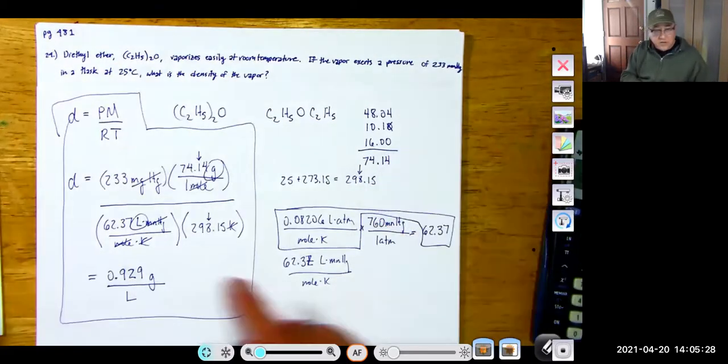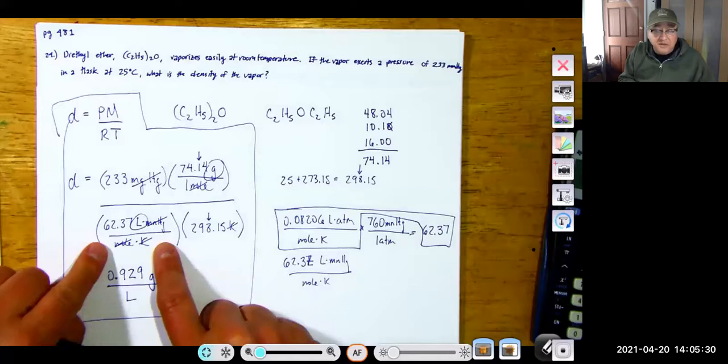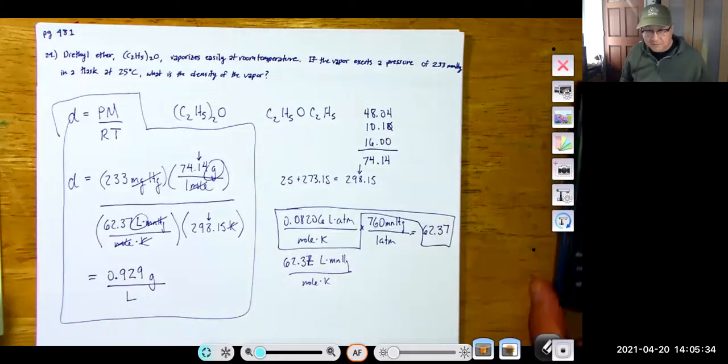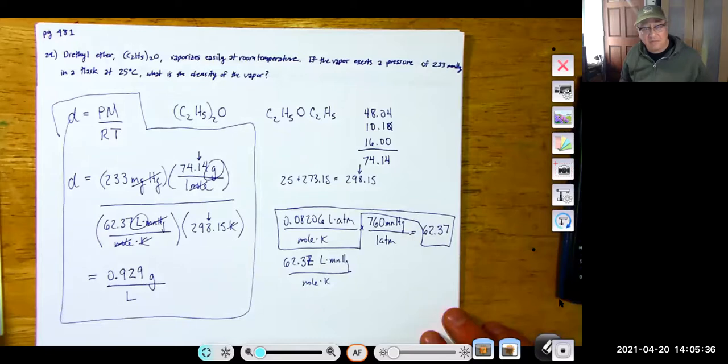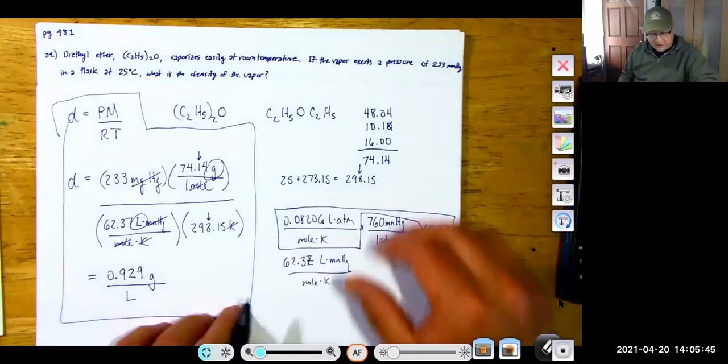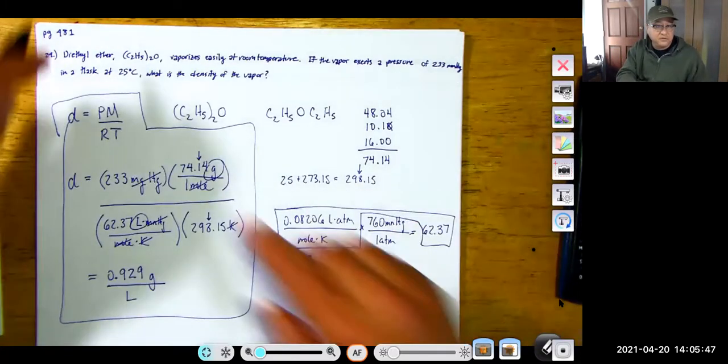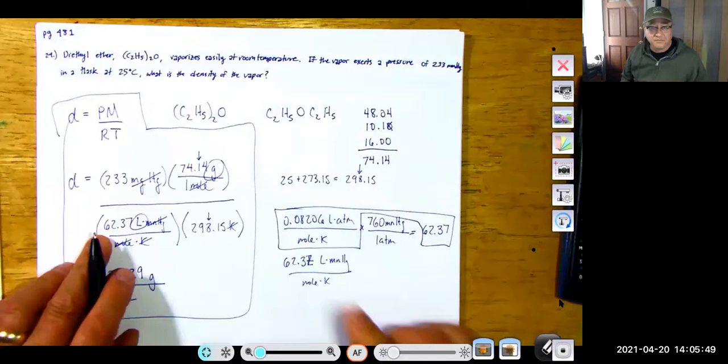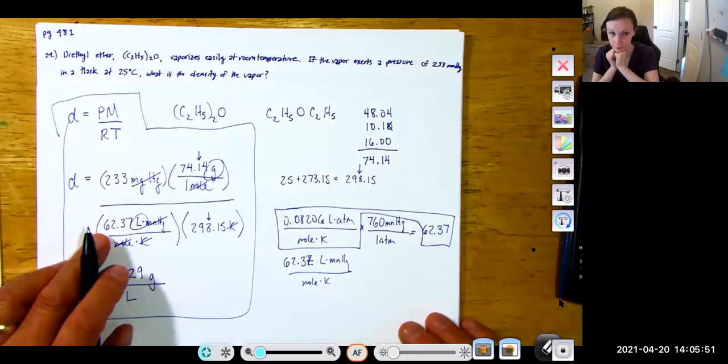And no, I don't expect to see you calculating this. I expect you to have it memorized or written on your note card. So anytime you see something that deals with density, you know you want to go to this equation.